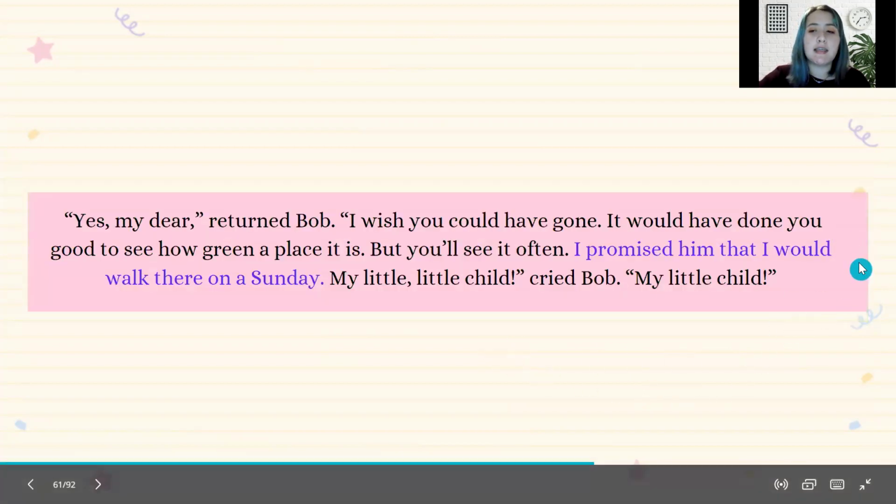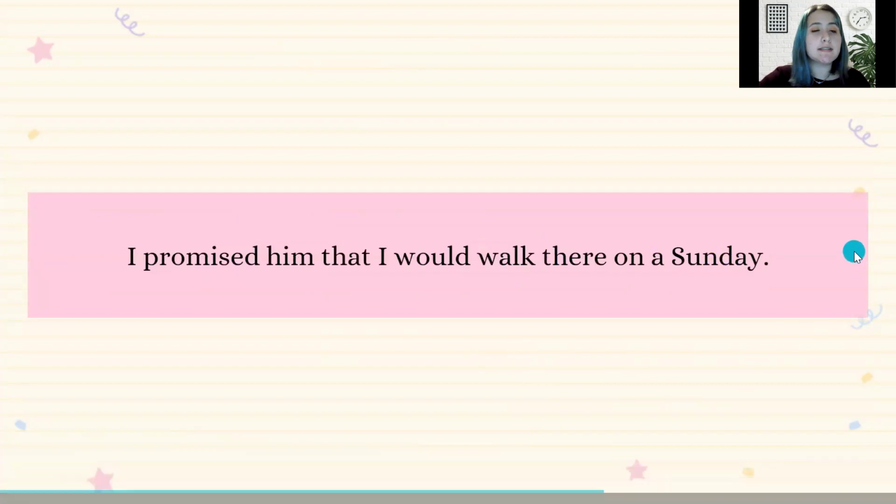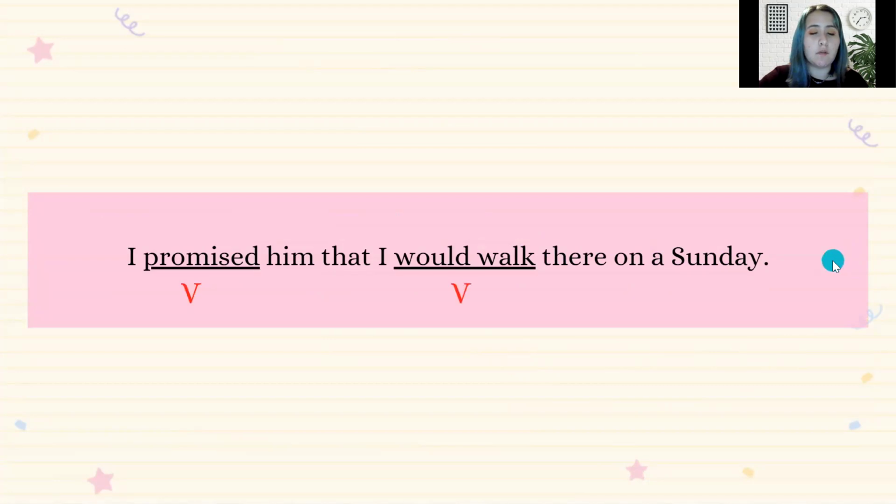This is the next paragraph with the sentence, and the first step is to look for finite verbs. So promise and walk. And we ask the question, who promised? I promised. Who will walk? I walk. And the linking element is that.